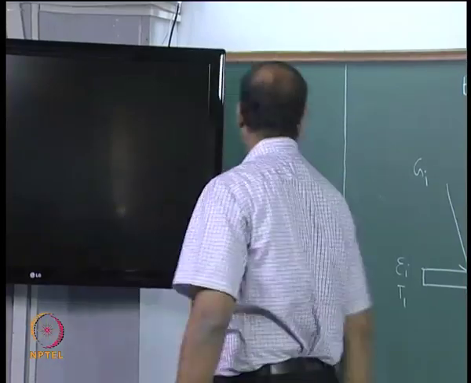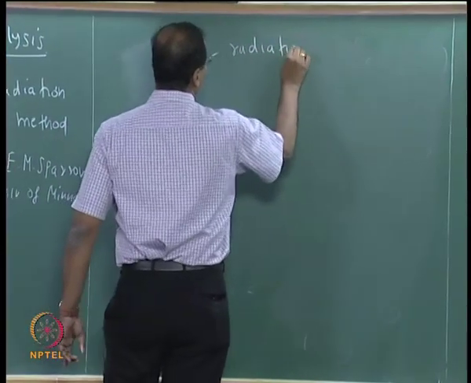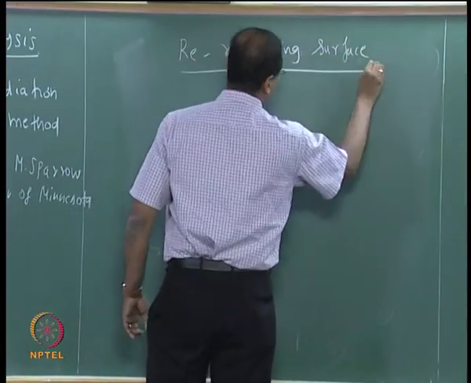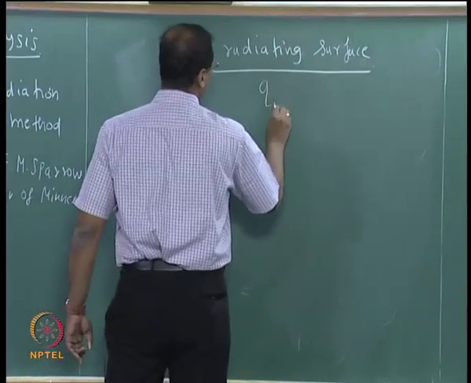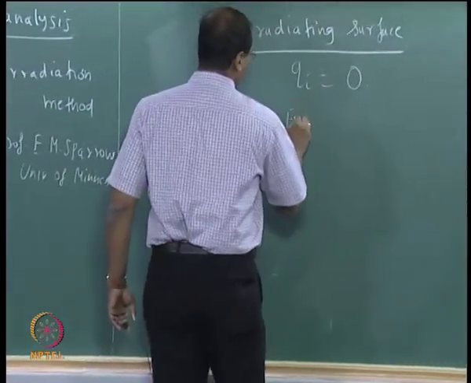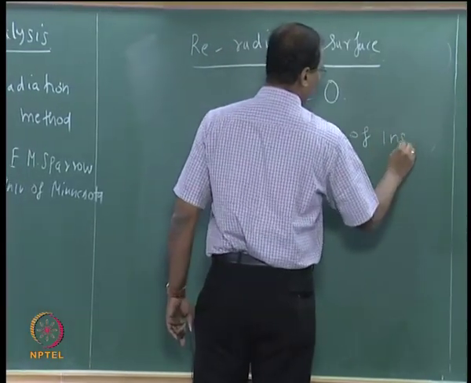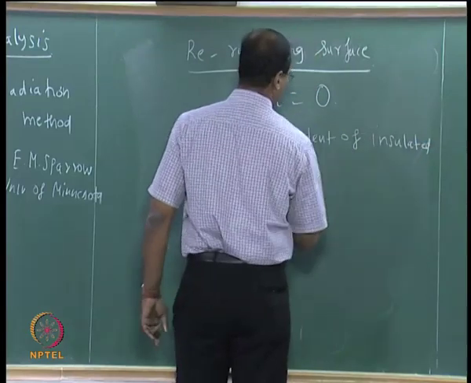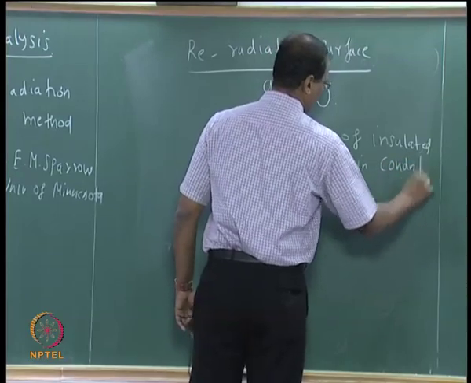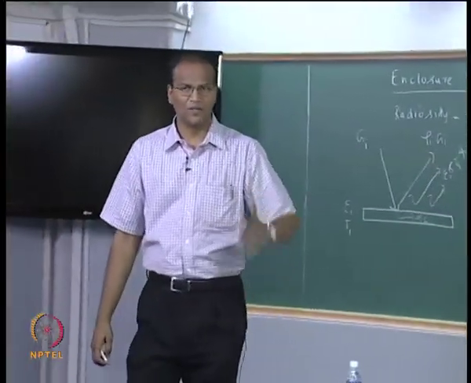A re-radiating surface is the equivalent of the insulated surface in conduction convection.